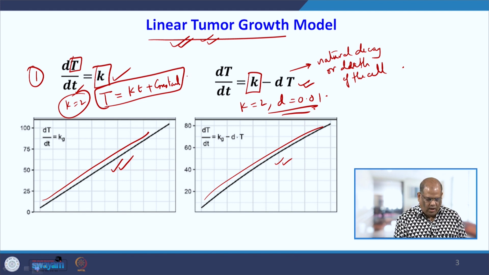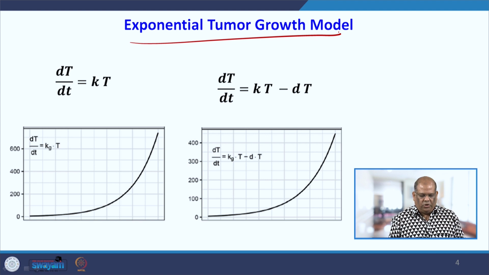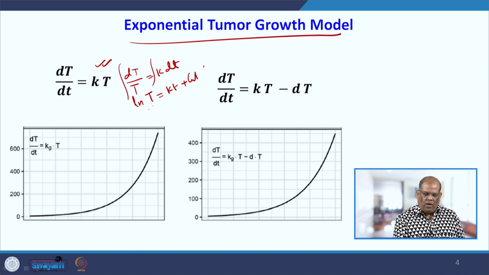Our second kind will be the exponential tumor growth, and the exponential tumor growth is dT/dt equal to kT. That is because if you solve this, dT/T equals k dt, and if I integrate, that is ln T equals kt plus some constant, and you can see that T can be expressed as exponential of kt plus constant.